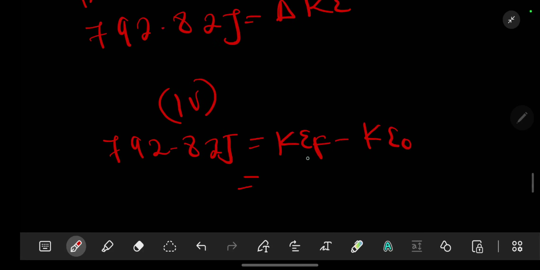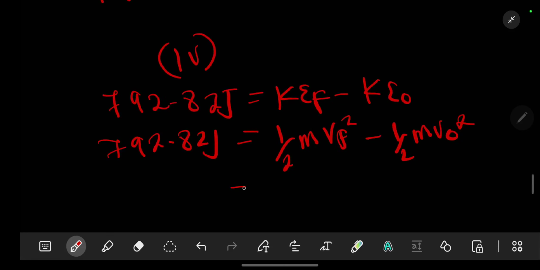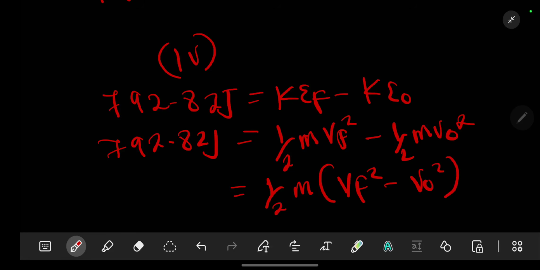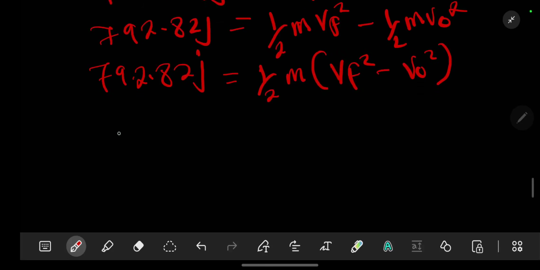Kinetic energy is half m v final squared, minus half m v initial squared. Half mass is common, so we have half mass times v final squared minus v initial squared, equal to 792.82 joules.